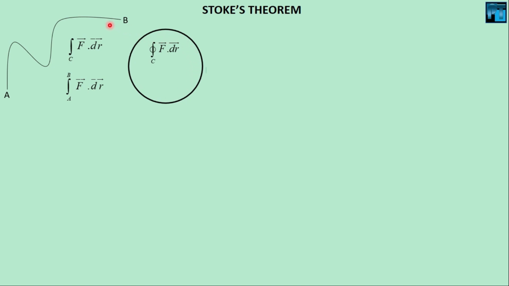See, this is a two-dimensional open line AB. It encloses nothing. It's simply a line. But when it closes, say this is a circle, or it may be a square, it may be a rectangle, whatever.